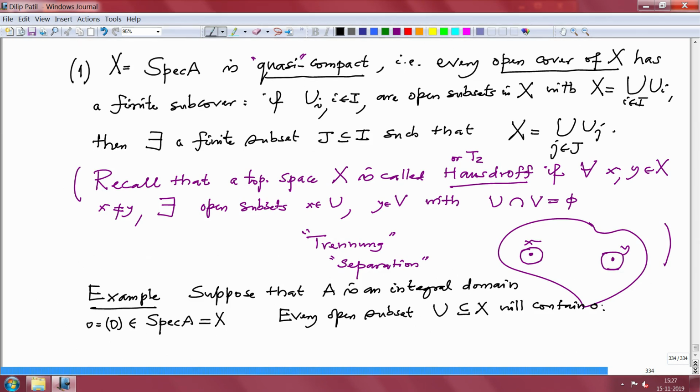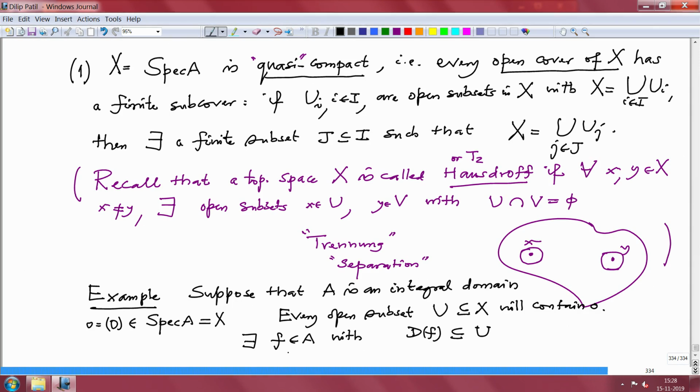Why that? Since it is an open set U, it will contain a basic open set. So, there exists f in the ring A such that D_f is contained in U. But f cannot be 0.